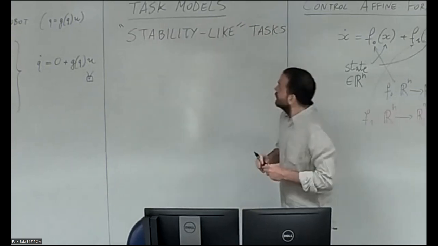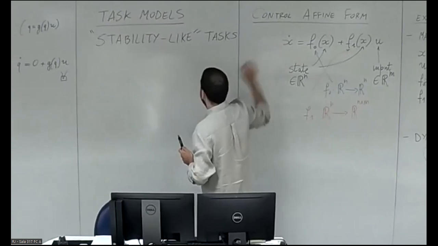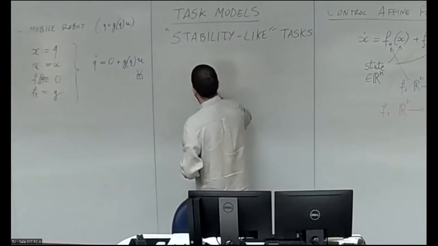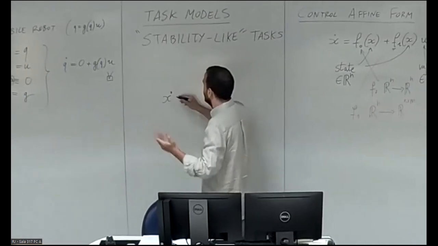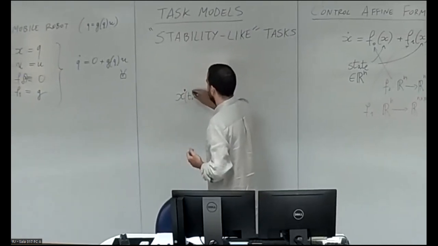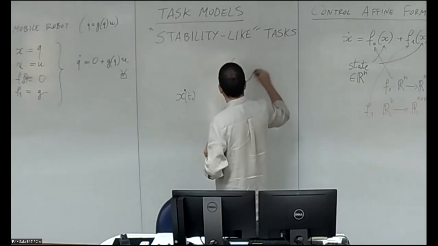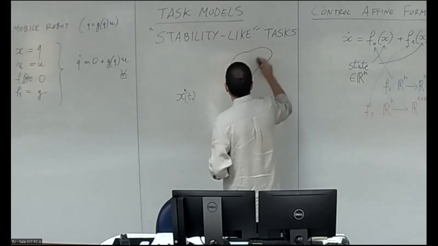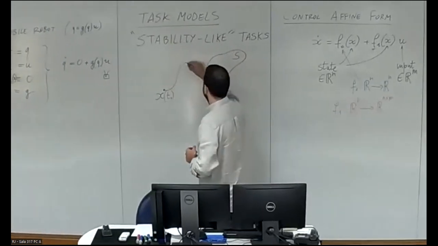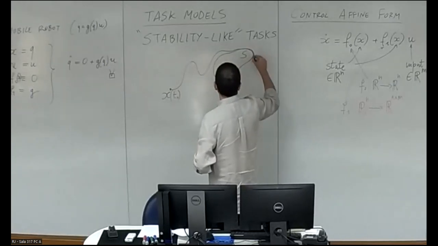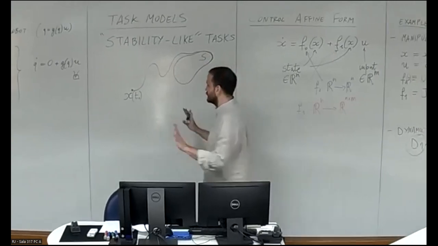Which, as I said, consists in driving the state X of our system from wherever it starts at time t0, so its initial condition, to a desired set S. So as we move in space, we need to get closer and closer to this set. That is what it means.